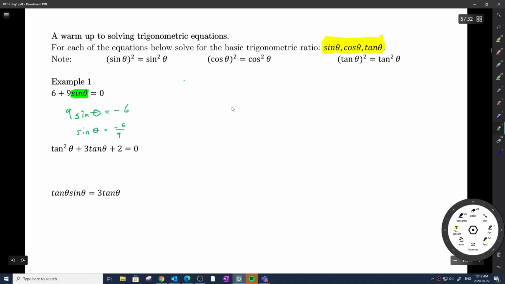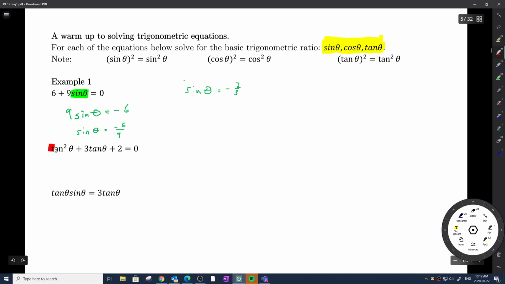So now I have sine theta is equal to negative 6 over 9, and I could simply reduce that fraction into negative 2 over 3. There, I've isolated the sine ratio. Let me move on to the next example.